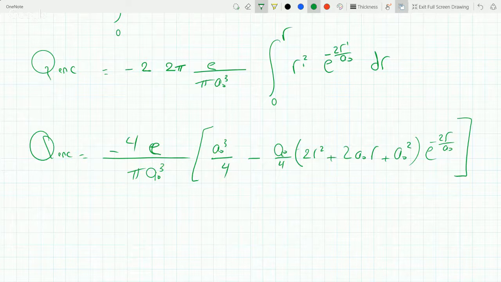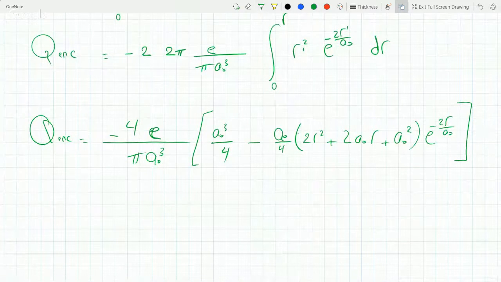Now let's find the field, now that we have the Q enclosed. Let me see if I could do some simplification here.